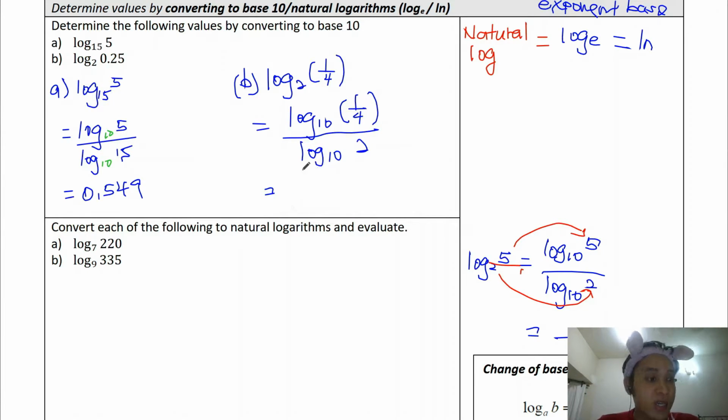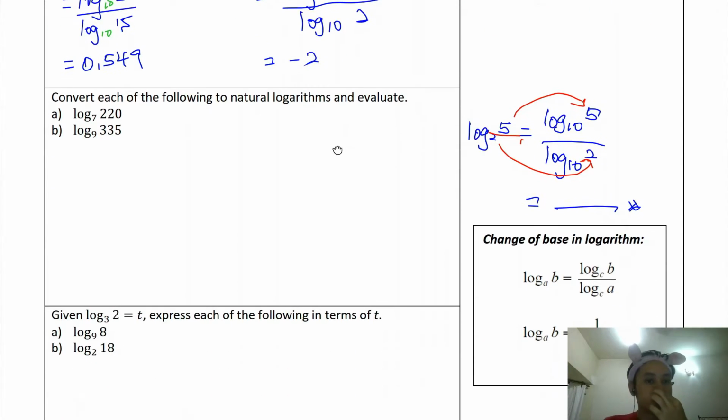This one you will get a negative value, if not mistaken, negative 2. So that is how you change the base. Basically, you change it into the same base. Top remains top, bottom goes bottom.